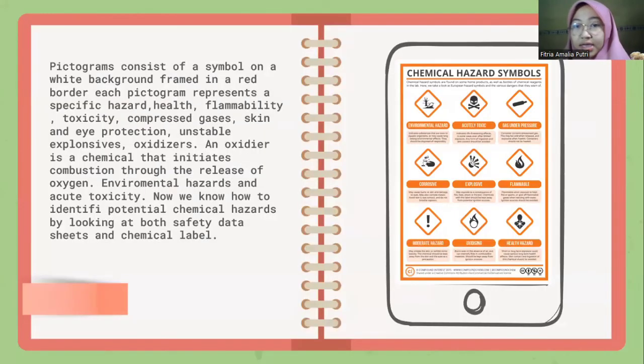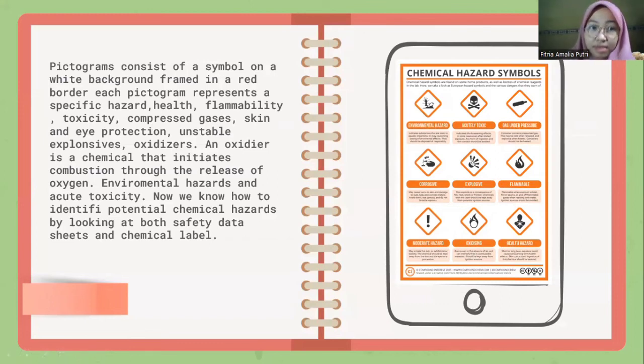These are chemical hazard symbols: environmental hazard, acute toxicity, gas under pressure, corrosive, explosive, flammable, moderate hazard, oxidizing, health hazard, and other symbols of toxic chemical hazard.